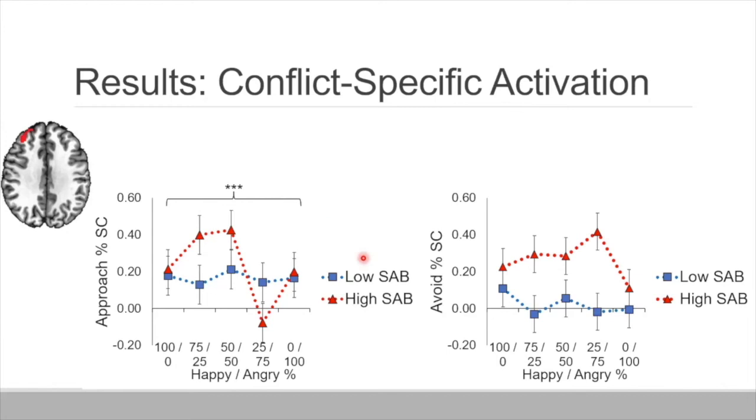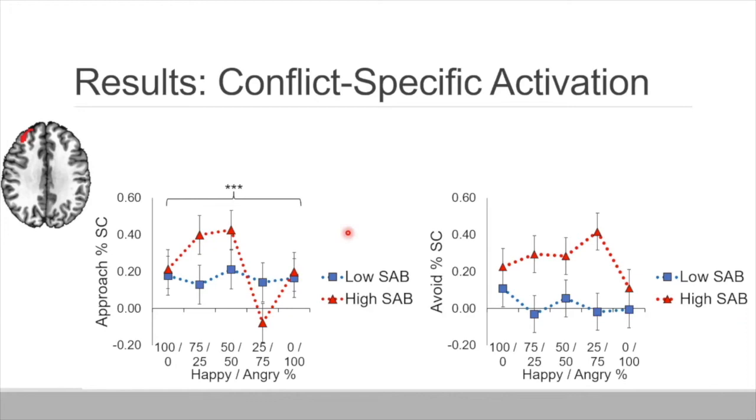And what we see here, again, red is the high socially avoidant individuals, blue is low social avoidance. And we're moving from the happy side of the model, social reward, to 50-50, both reward and threat, to predominantly social threat, and not as much social reward.